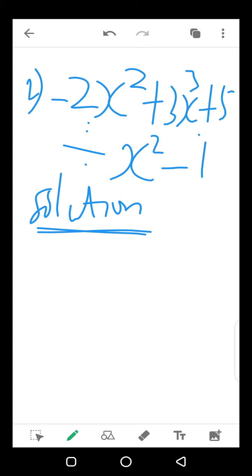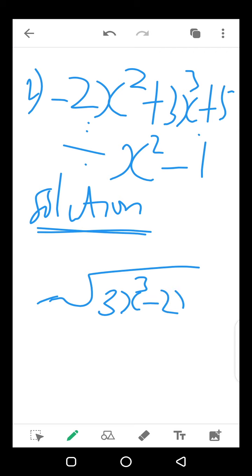So in the brackets, we rearrange it to 3x raised to power 3 minus 2x raised to power 2 plus 5 divided by x raised to power 2 minus 1.